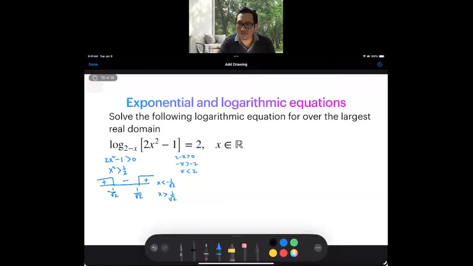So the solution, based on the definition of log, we're going to have 2 minus x squared equal to x squared minus 1. And this will be x squared minus 4x plus 4.